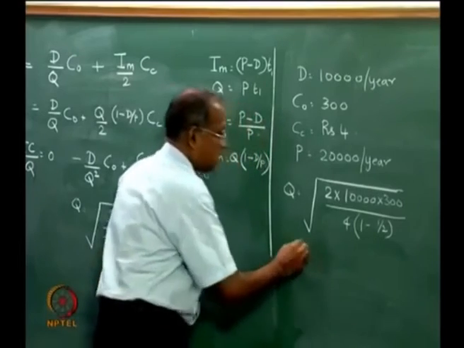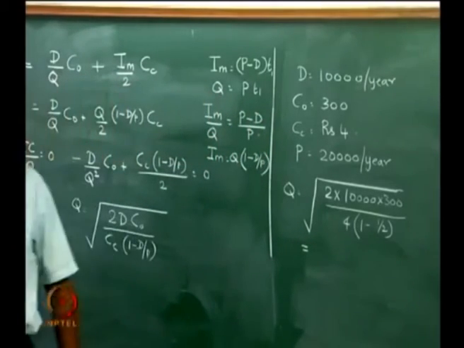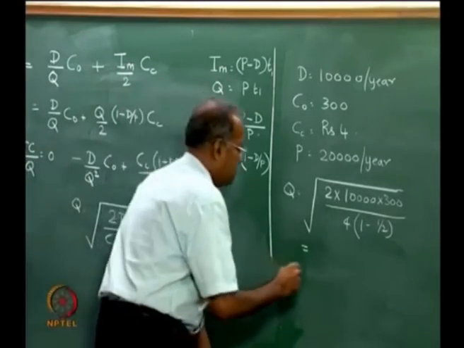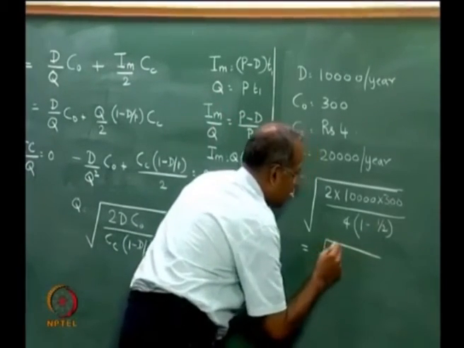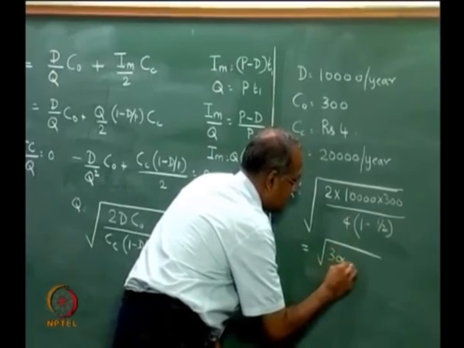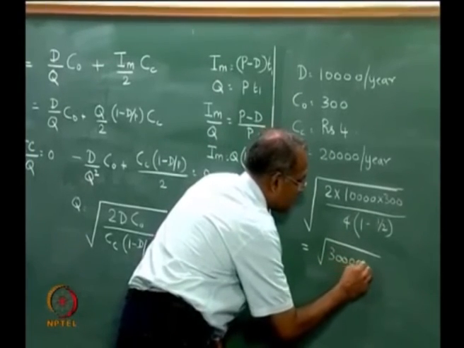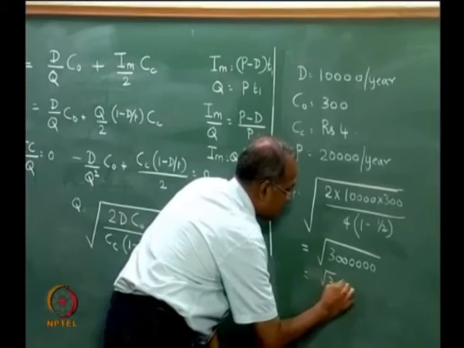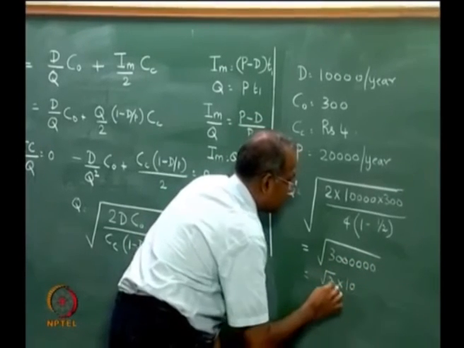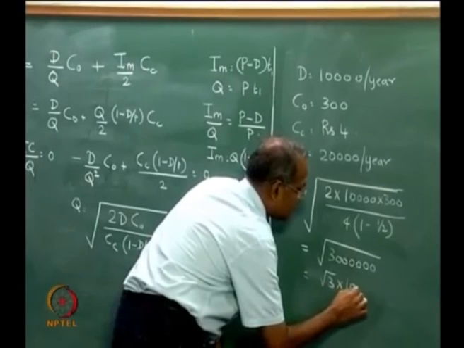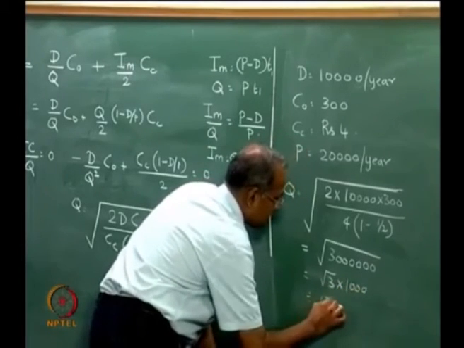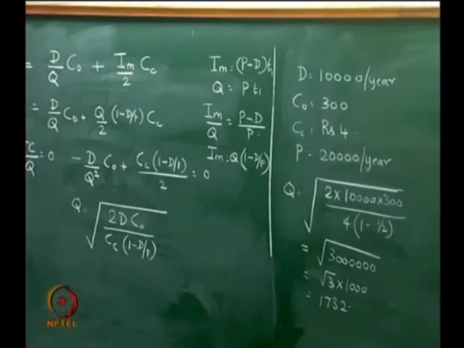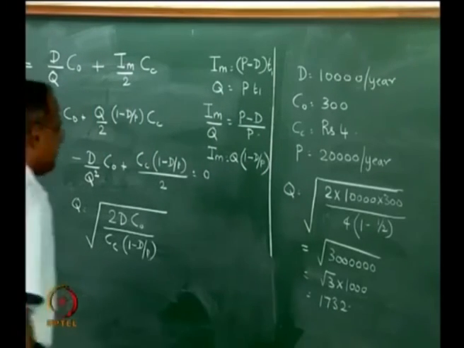So, this will give us 4 into 10,000 into 300 divided by 4, which is root over 10,000 into 300, this will be root 3 into 1000, which is 1732.05.